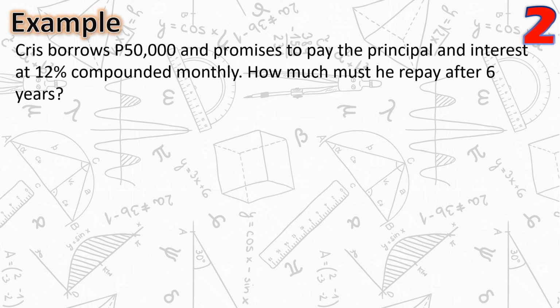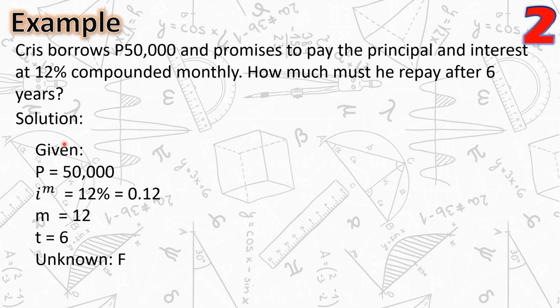Let us have example number 2. Chris borrows 50,000 pesos and promises to pay the principal and interest at 12% compounded monthly. How much must he repay after 6 years? So let us get all the given information and the required value in the problem.